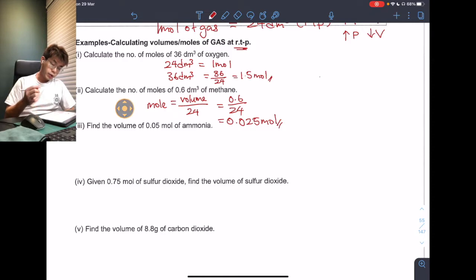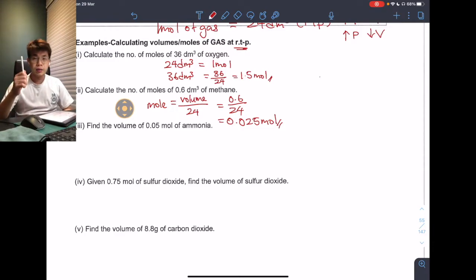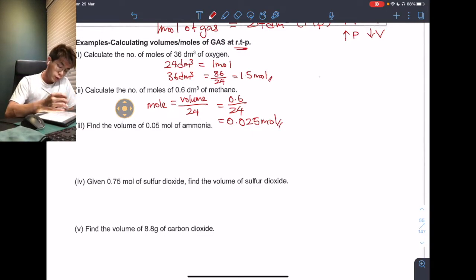Let's try another one. Now I'm given the amount of moles: 0.05 moles of ammonia. Ammonia again is a gas. So we want to find volume. We can find volume of gas using molar volume. Molar volume states that 1 mole of ammonia is equal to 24 dm cube of ammonia.